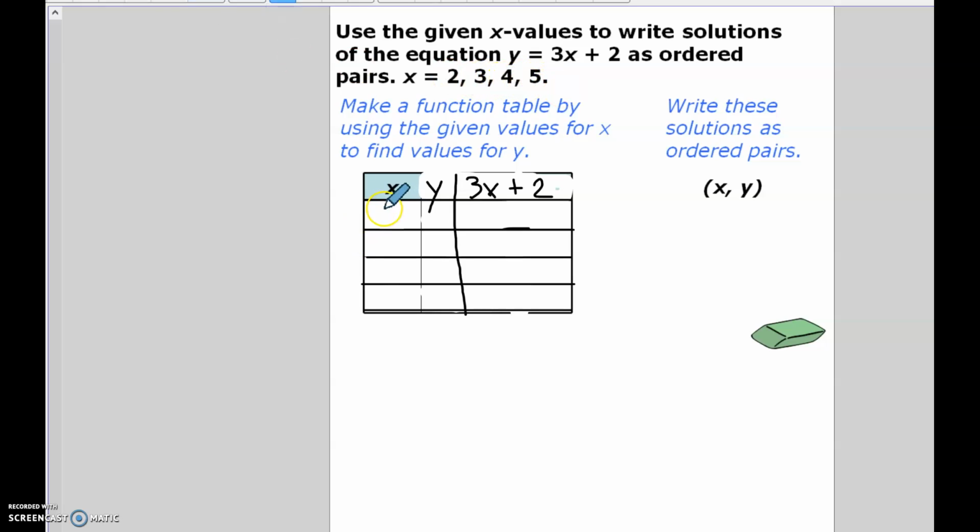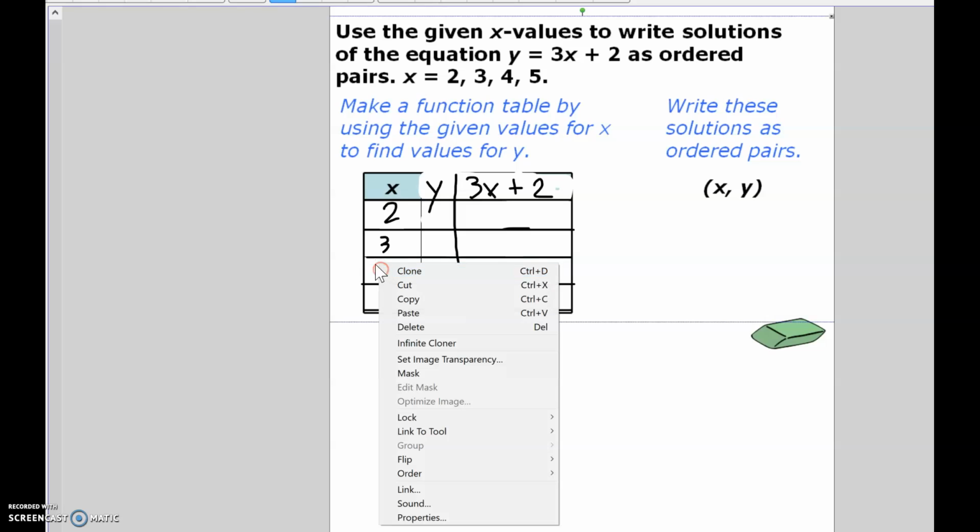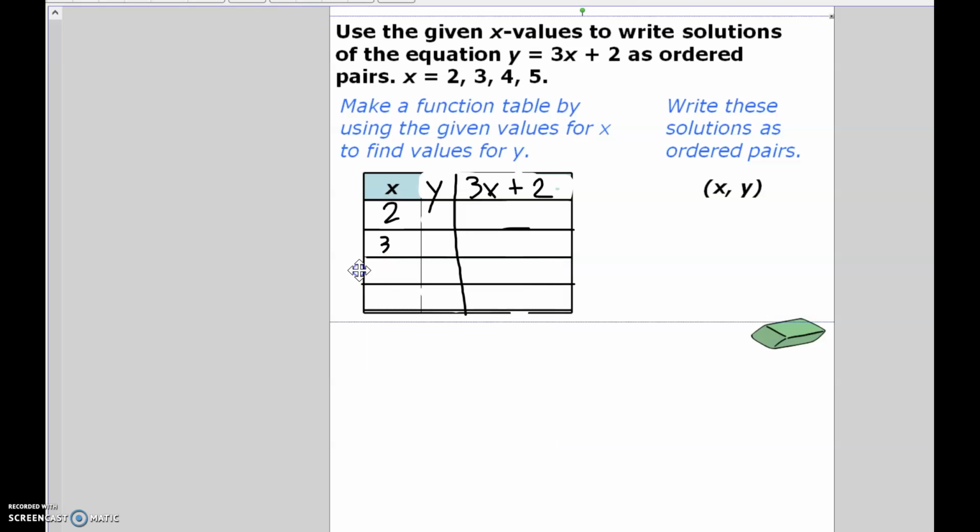So where it has x here, we're going to do 2, 3, 4, and 5. And what we'll do is we'll plug 2 into this function right here, and we'll do 3 times 2 plus 2, and that answer we'll put where it says y.